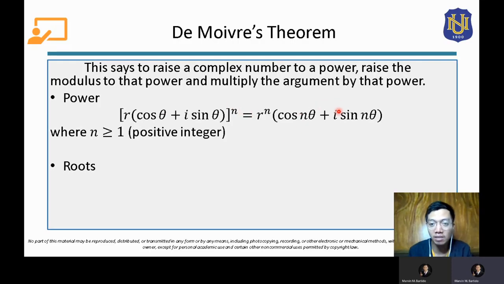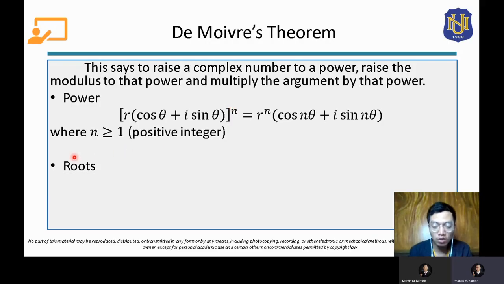That will be cosine n theta plus i sine n theta. That's the rule for applying this first proposition, the power of Moivre's theorem, wherein n should be greater than or equal to 1. It should be a positive integer. That's how you solve the power of a complex number using Moivre's theorem.